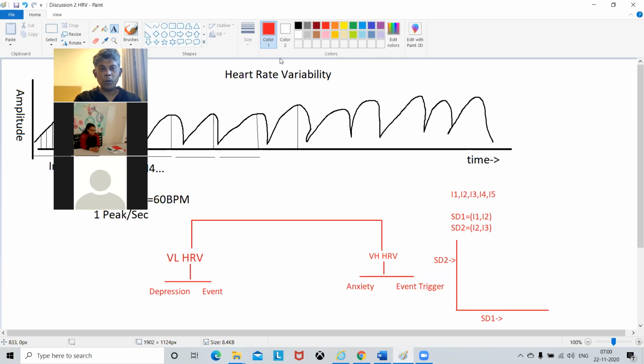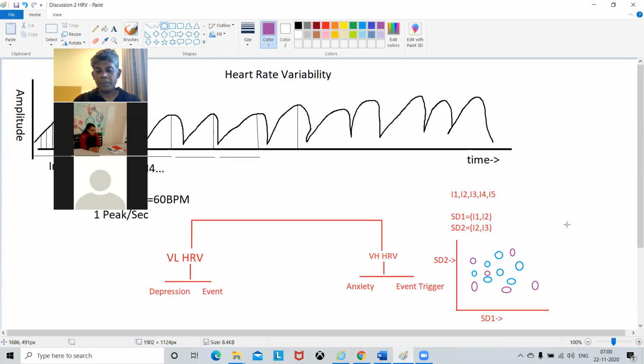We'll plot all the standard deviation 1's over here, and then we plot all the standard deviation 2's. Let us assume that these are standard deviation 2's.